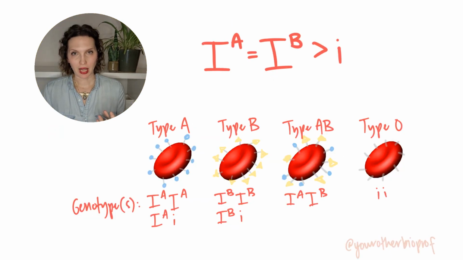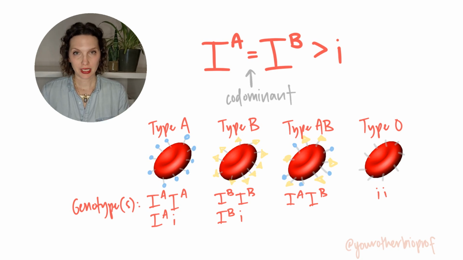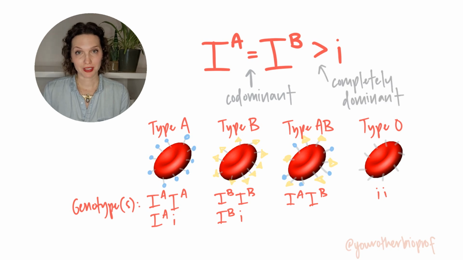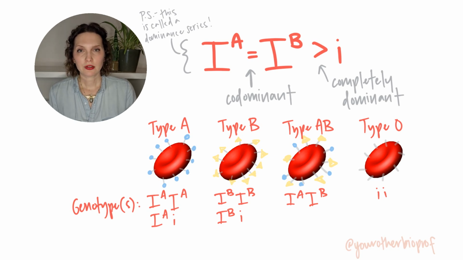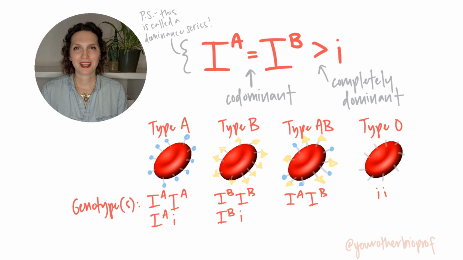By using capital I to represent both the A and B alleles, which are codominant, and lowercase i for the O allele, which is recessive to both of those, we're not only representing 3 different alleles, but also the dominance interactions between them.